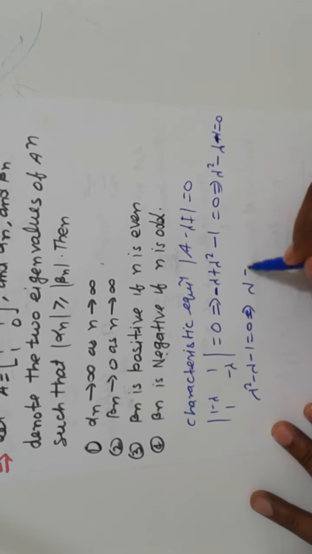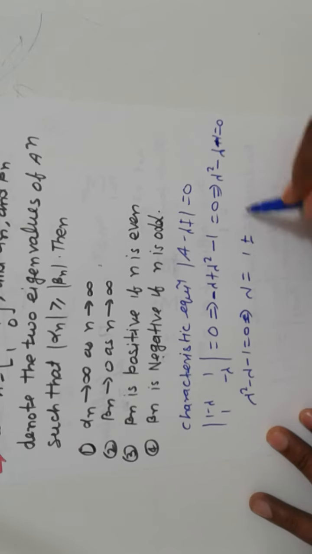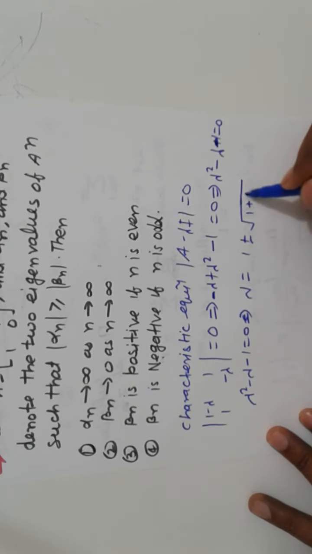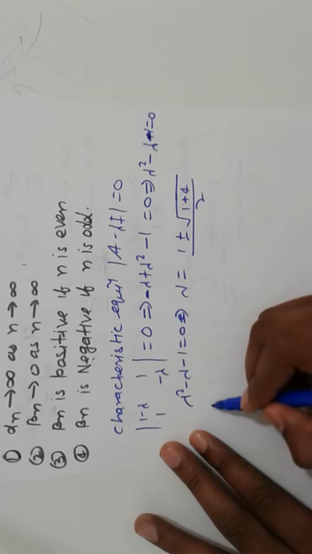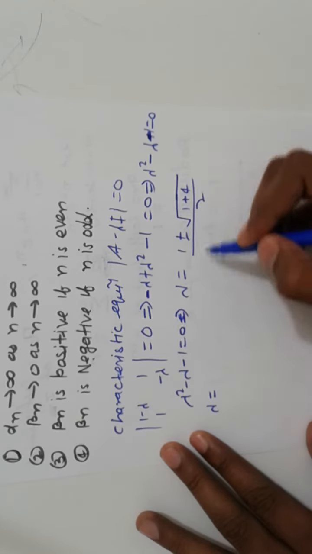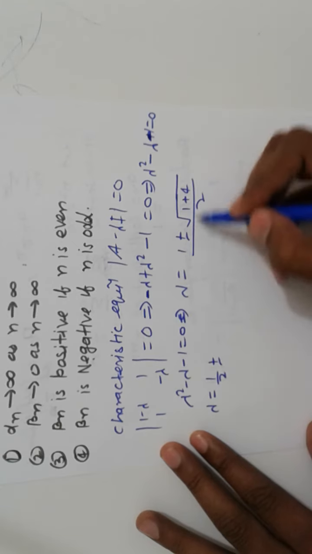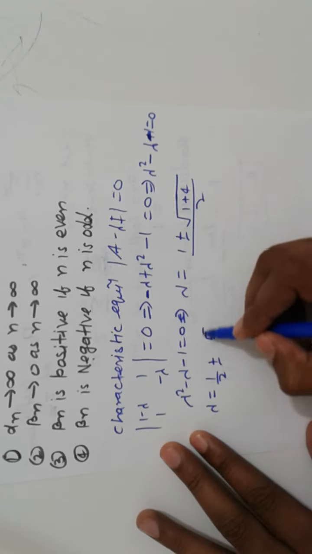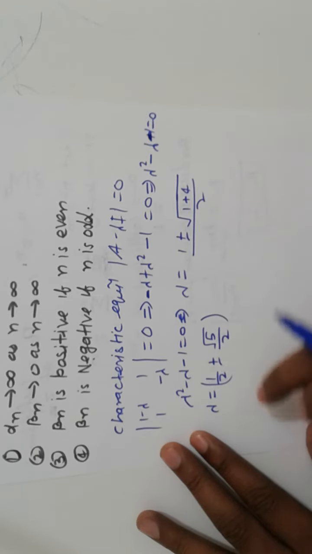So lambda is equal to 1 plus minus under root b square minus 4ac, that is 1 plus 4, upon 2. So we get lambda equal to 1 by 2 plus minus under root 5 upon 2.